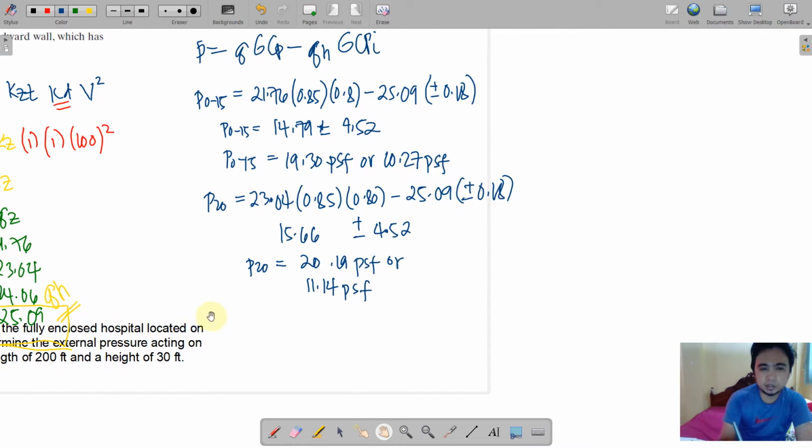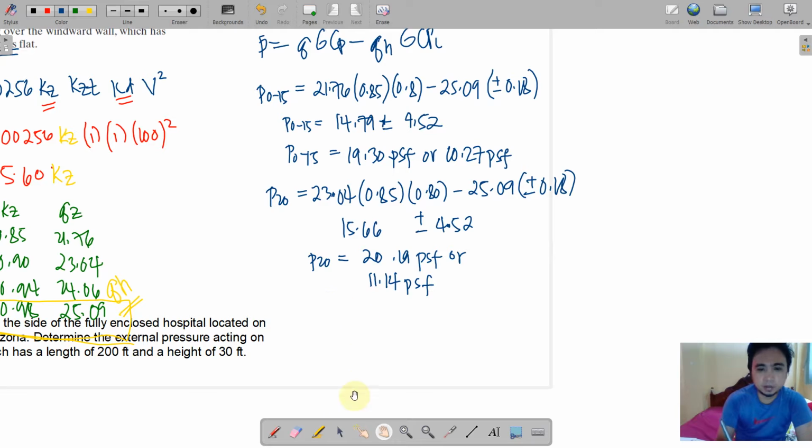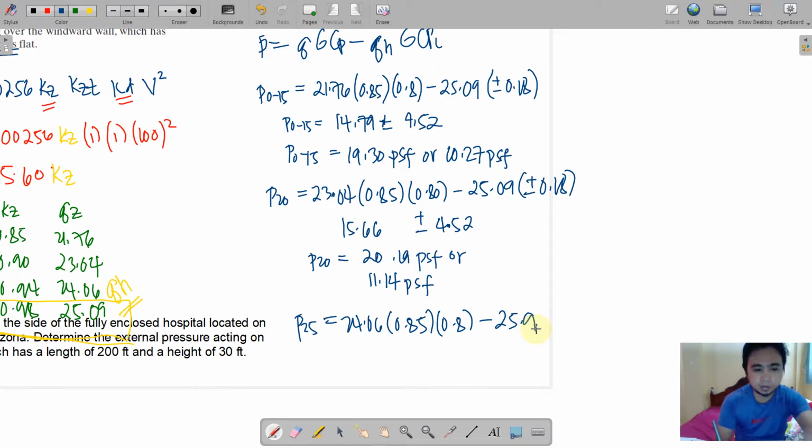So next to that is pressure at 25 feet. So P25 is equal to, so instead of 23.04, we're going to have this 24.06 times 0.85 times 0.8 minus, okay, we're just gonna copy that, 0.9 plus or minus 0.18.